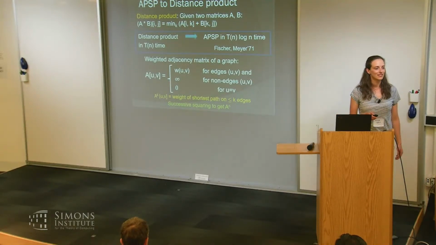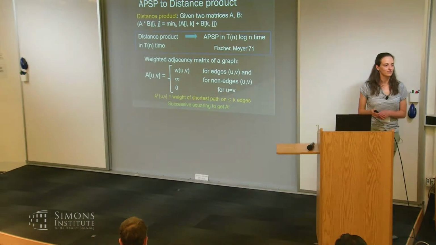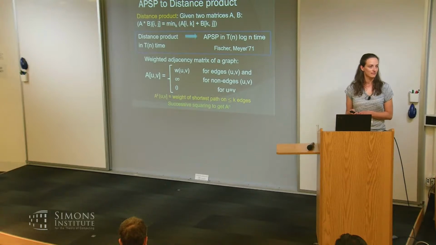What Fukion is asking is that we can think about the distance product over the tropical semiring, and APSP is also required in a tropical semiring. So can we make this reduction leave the setting we're using and switch to another setting? Perhaps it says something about the complexity of these problems.